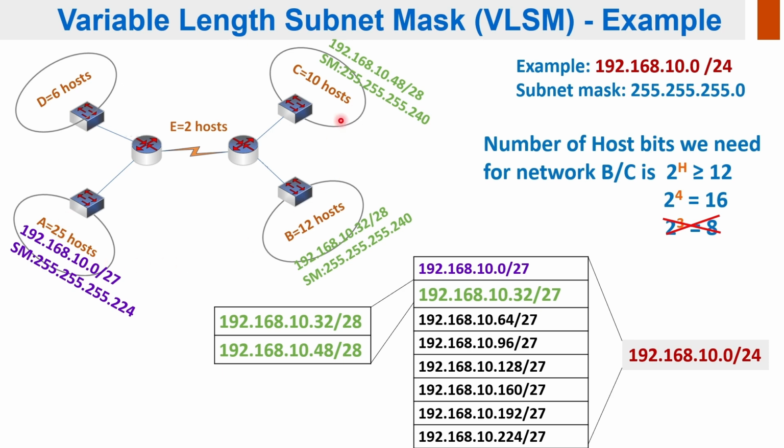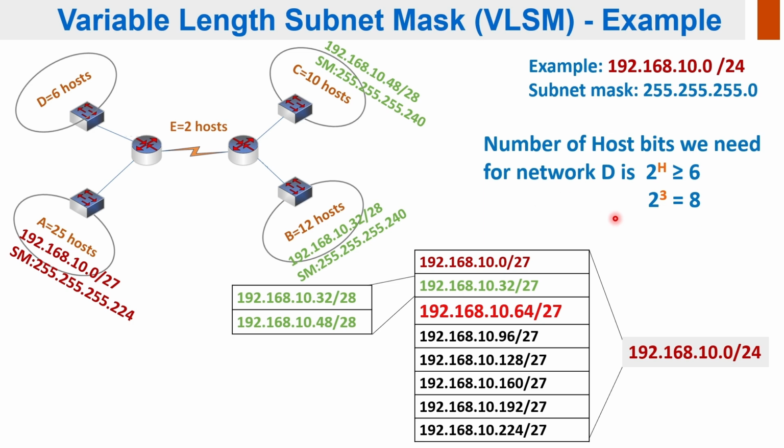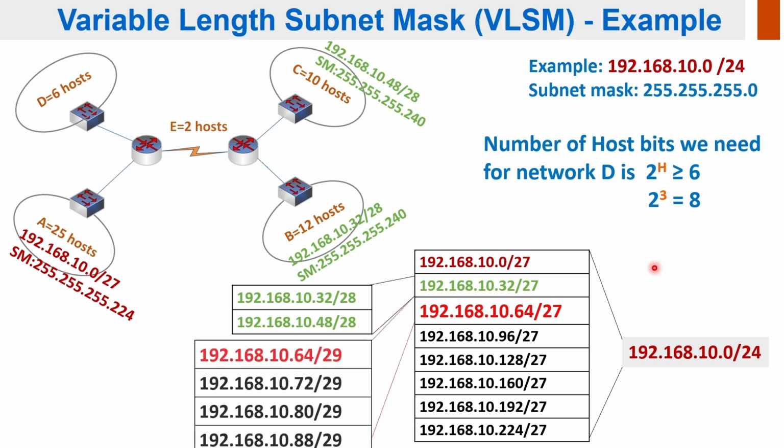See, gradually we are getting the subnetworks for all of our different departments or different networks, right? So the next largest network is D, which needs 6 hosts. For 6 hosts, we need host bits h where 2 to the power h should be greater than 6. 2 to the power 3 is 8.